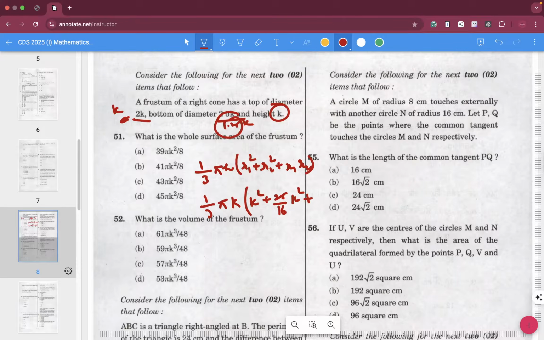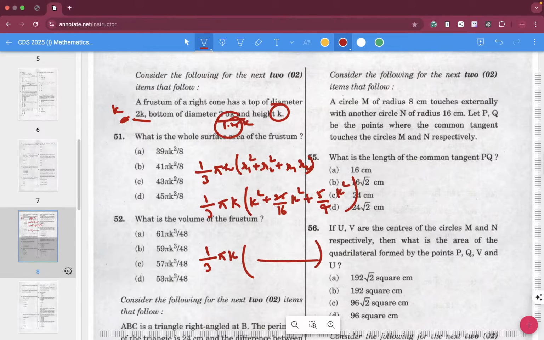R1 into R2 is 1.25 k square, which means 5 by 4 k square.